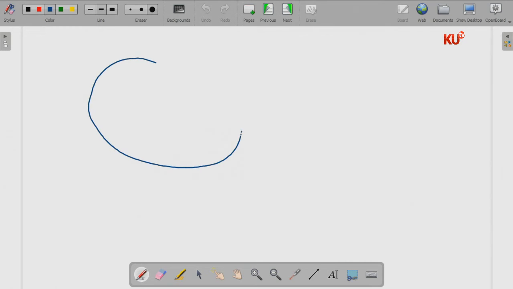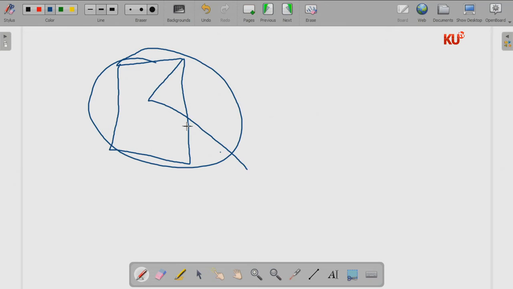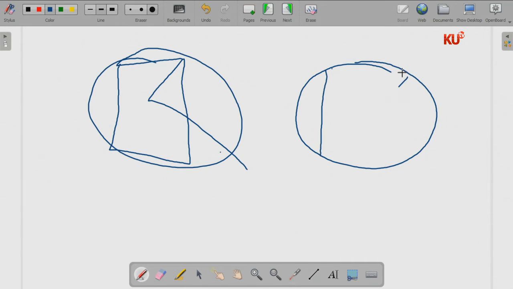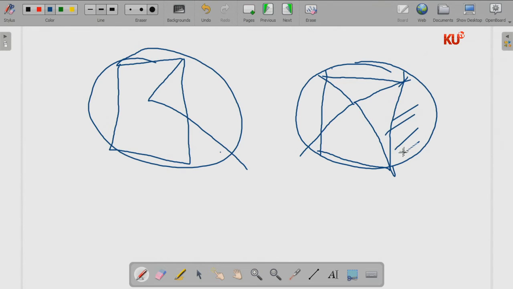So if it is this way and this way, they have decided to shade this one and shade this one.